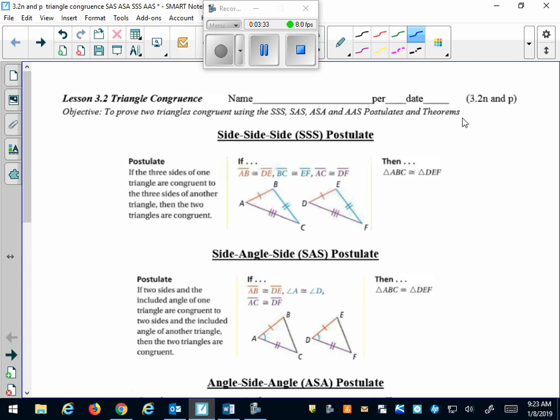It basically says that if you have two triangles and you know that the 3 sides of one triangle are congruent to the 3 sides of another triangle, then you don't need to know anything about the angles. Those two triangles are going to have to be congruent. Remember we worked with spaghetti that time, or whatever it was, linguine, right?